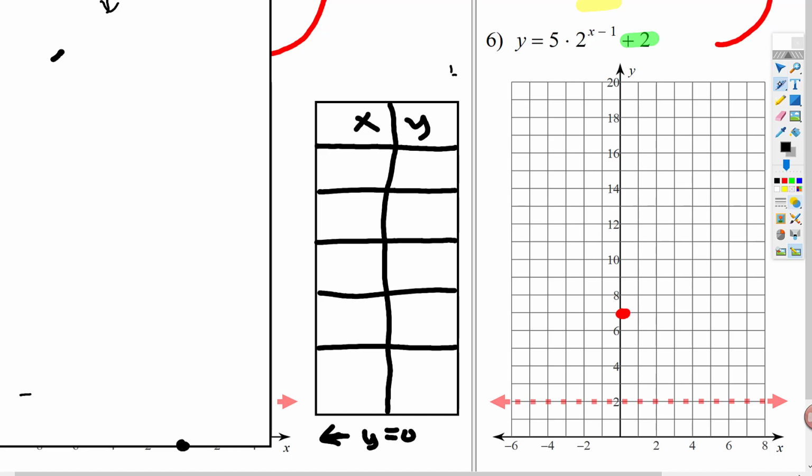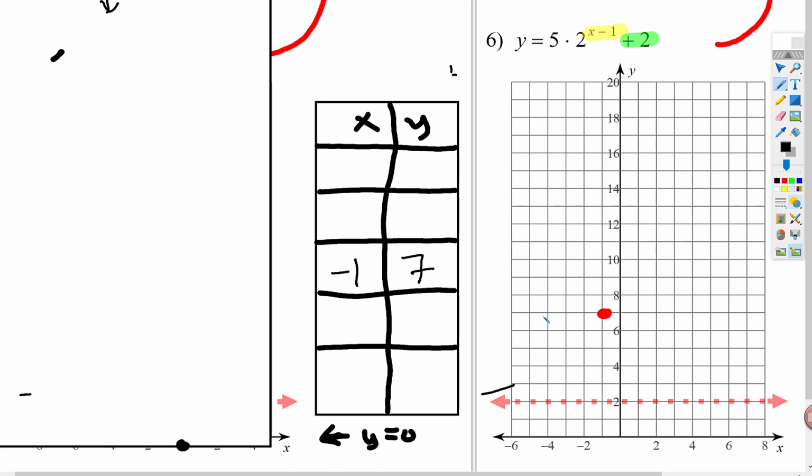All right, and then notice what zeroes out the exponent piece? Negative 1. So that's going to be the middle value, and we're going to put that dot right there. And then when you put all that information in, we should be at a height of 7. There, I did that one correctly this time.